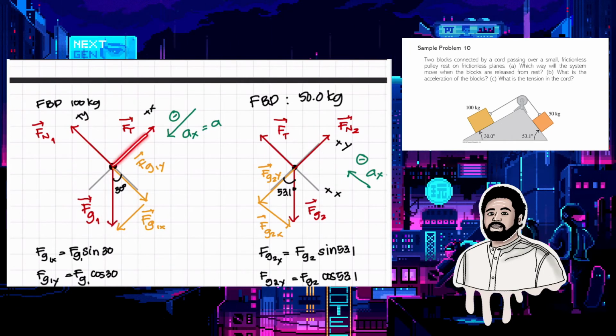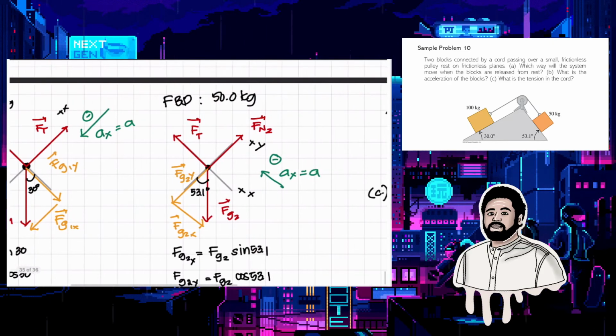I have the tension force here. Now, I denoted my acceleration as sliding down the ramp of the 100 kilogram block, which is inclined at 30 degrees. So I have my acceleration in the negative x direction, so ax is equal to a with the negative direction. For the 50 kilograms, I have the normal force here, the pull of gravity, or the weight, and then I have the tension force.